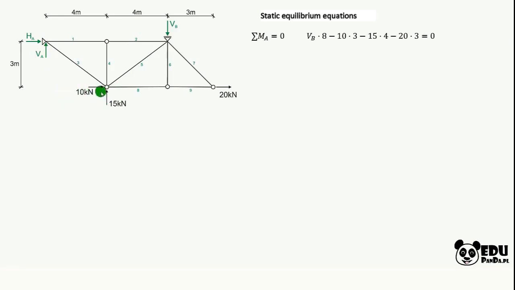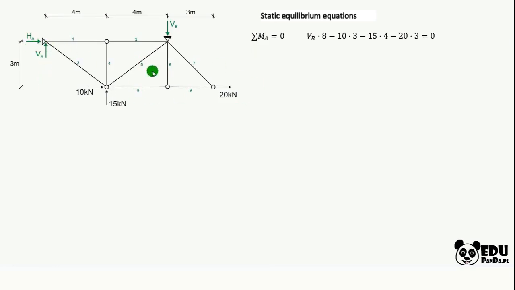Then this 15 here is the direction of action. Here is the arm. It acts counterclockwise, minus 15 times 4 and minus 20 counterclockwise on the arm. And now the direction is the same as the force 10, while the moment arm is the perpendicular distance from this direction of action to the pole of the moment, which is minus 20 times 3.